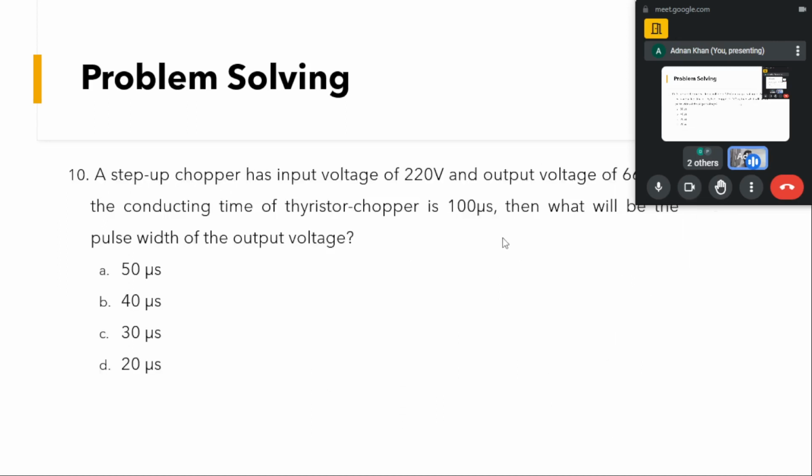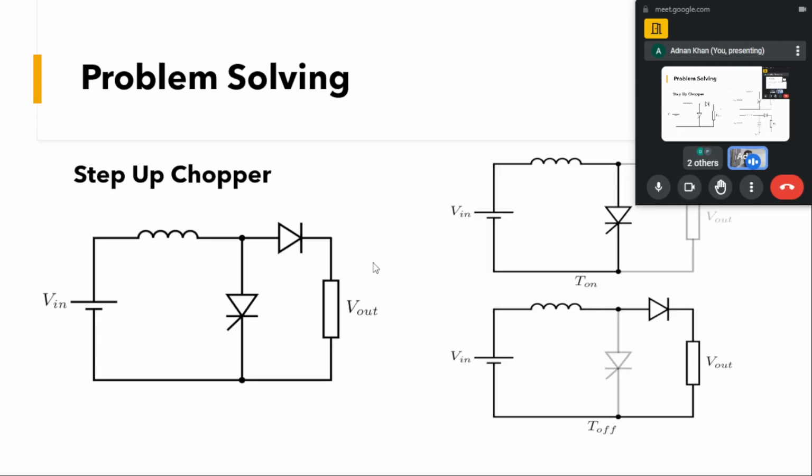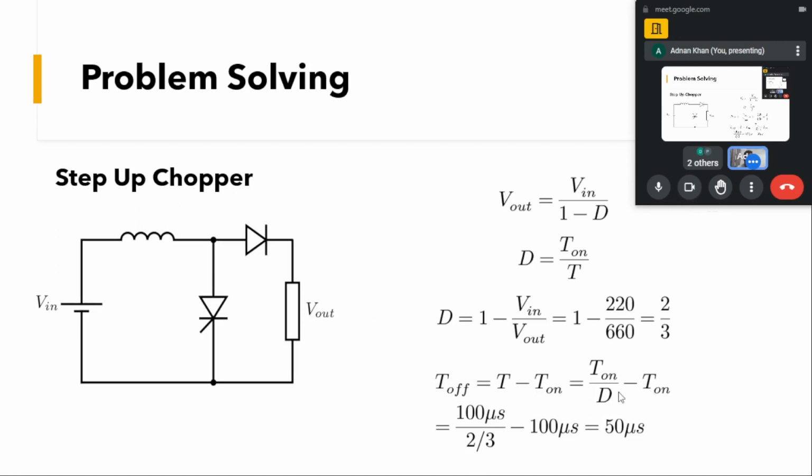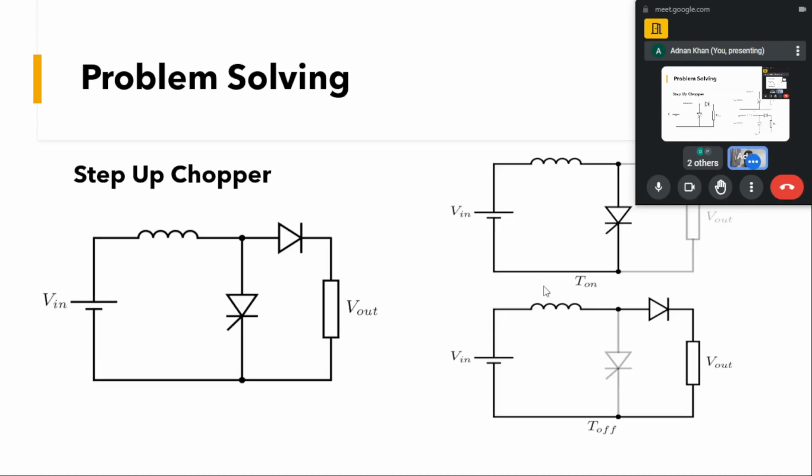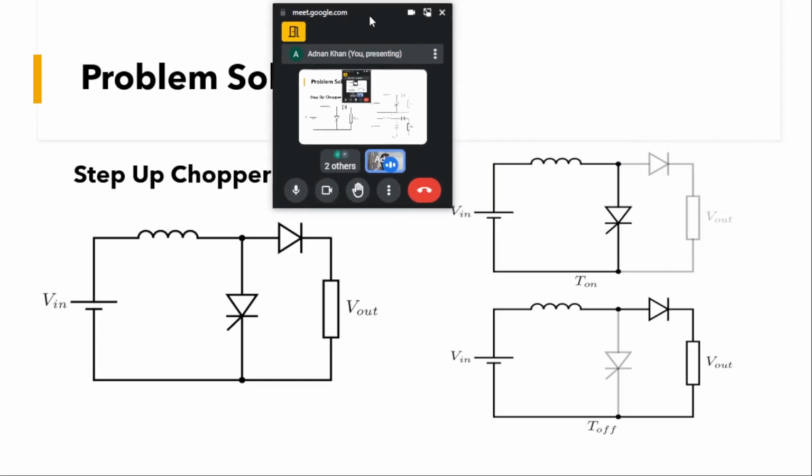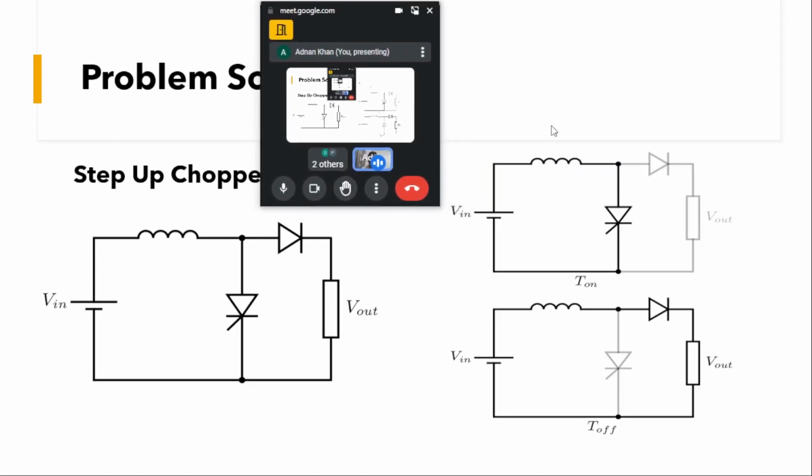Now what we had to calculate is the pulse width of the output voltage. If you go through the circuitry, at the turn-on time the voltage is across the inductor, charging it up, and the output is disconnected.